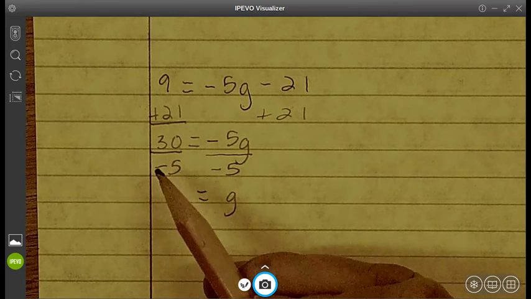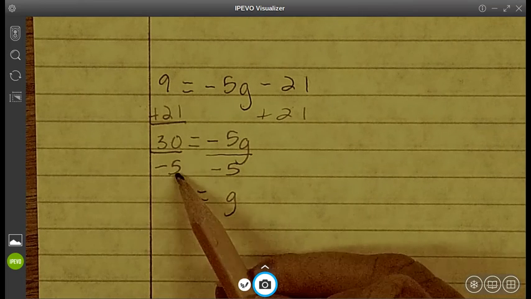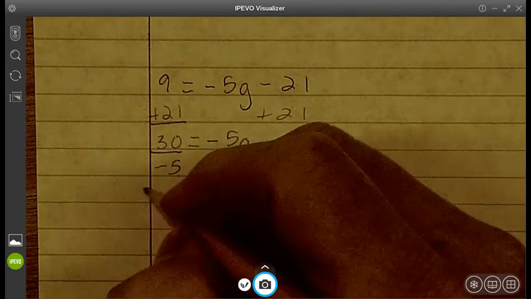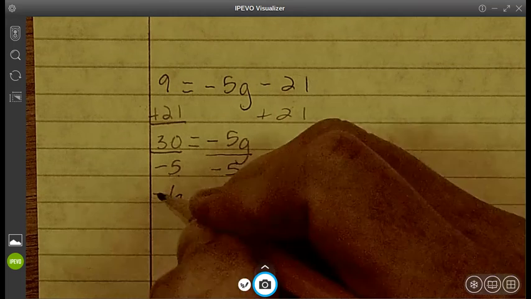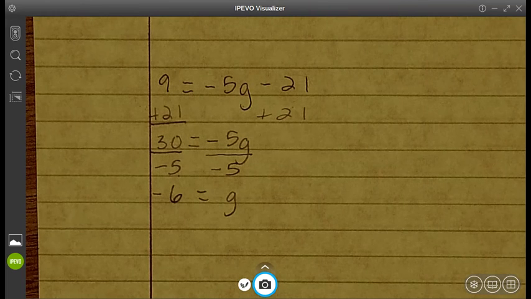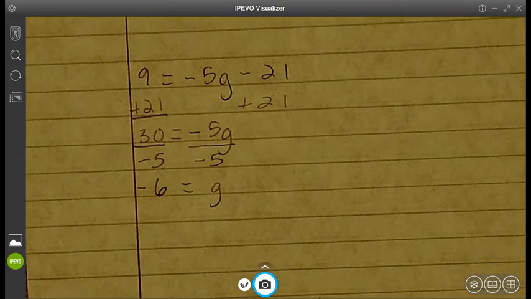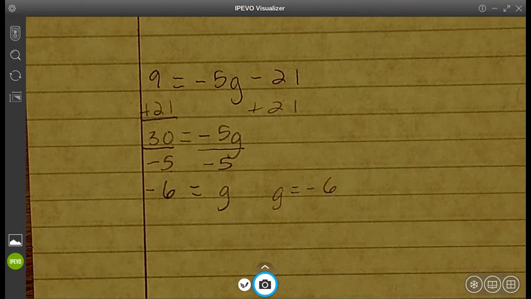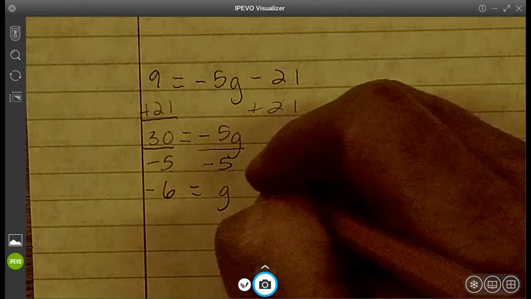And then 30 divided by negative 5, we got a positive divided by a negative. That's going to give us a negative, and 30 divided by 5 will give us 6. And that will be our final answer for g. Negative 6 equals g, or you could say g equals negative 6. Very good.